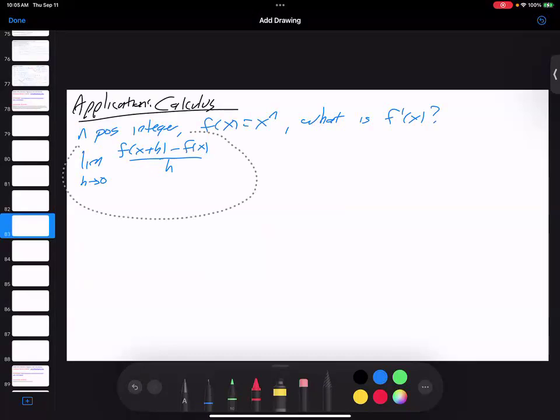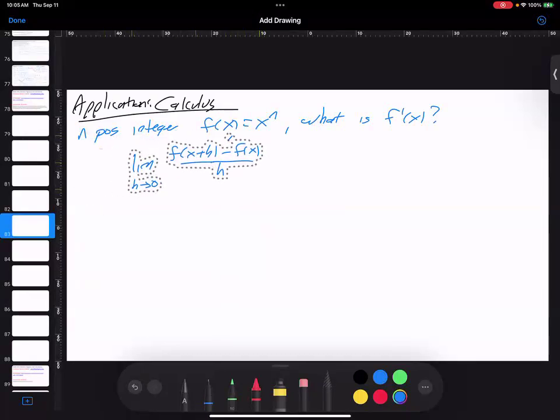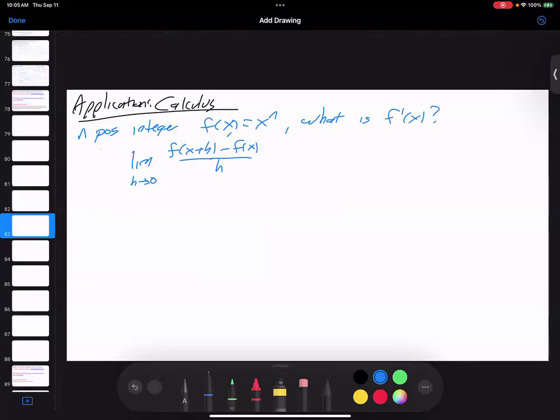And so this quantity is one of the most important things you will see in calculus. This is f prime of x. And so this is the limit as h goes to 0 of x plus h to the n minus x to the n over h.